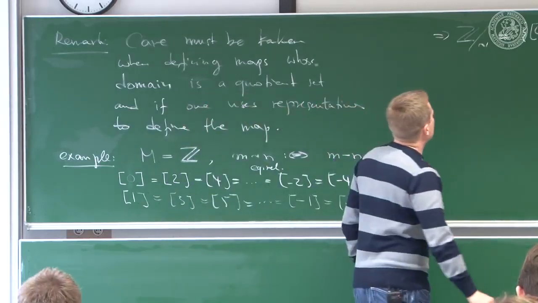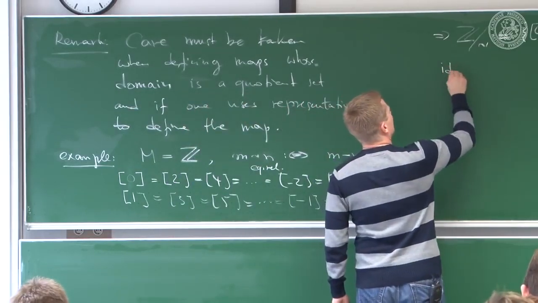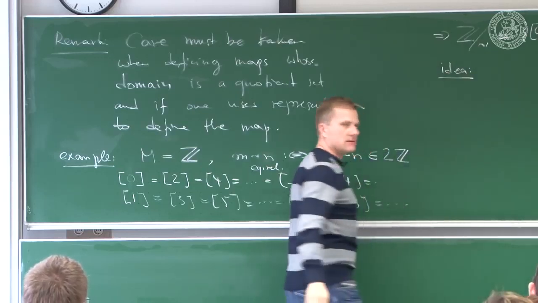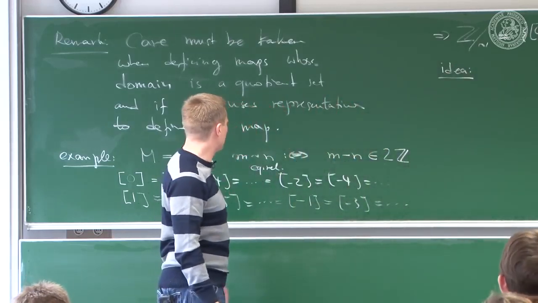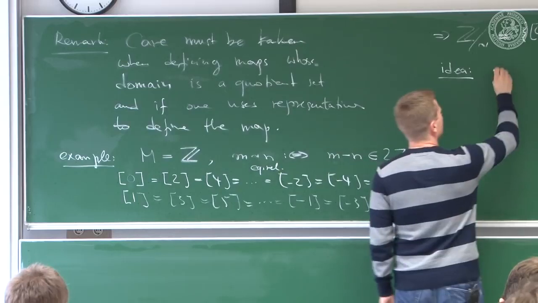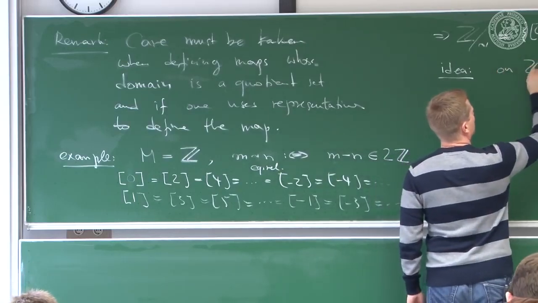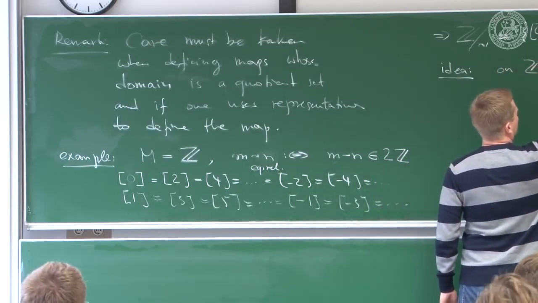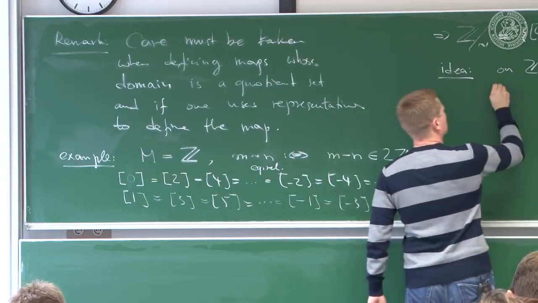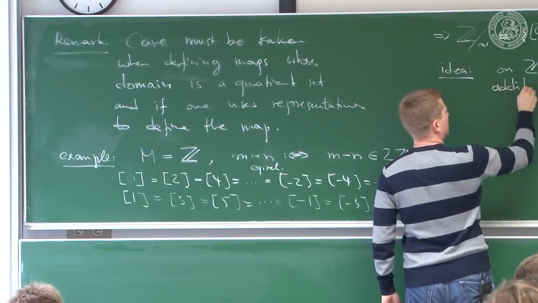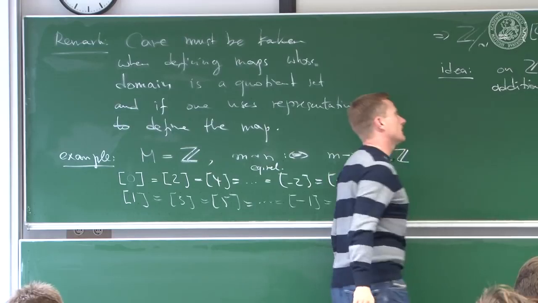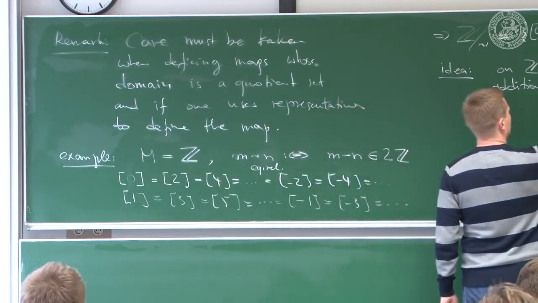And now I could get the idea to inherit addition from Z. Idea: on Z we have an addition, which we just assume is given at this point. It's the kindergarten addition you do.